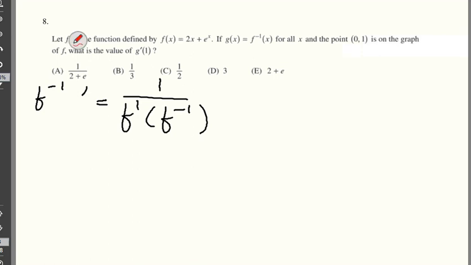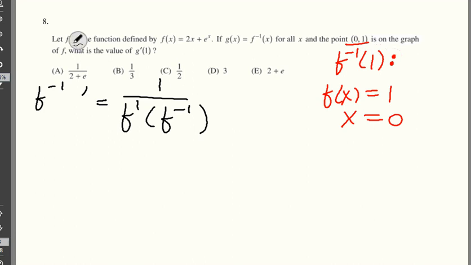Let's see. If they didn't give us a table, it's probably given to you in the statement of the question. Oh, here it is. When x is 0, y is 1. So if I want to find f inverse of 1, set f of x equals 1 and solve for x.